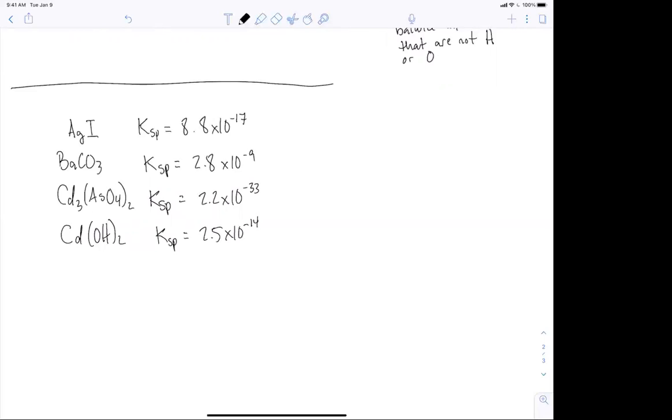If we write out the KSP expressions for these, we're talking about solubility: literally, if I put this in, how much will go in, which one's the least soluble. The KSP is related to that, but it's not identical. So you can write out your KSP expression for these.